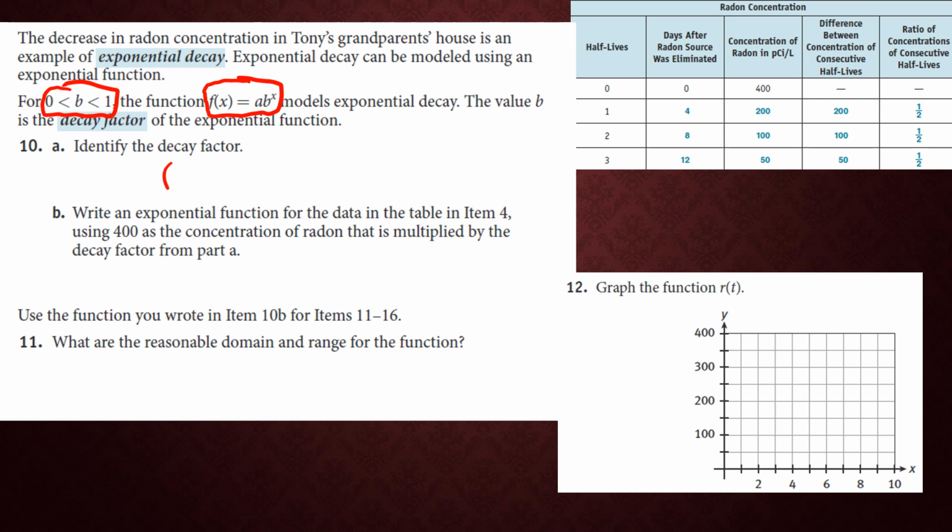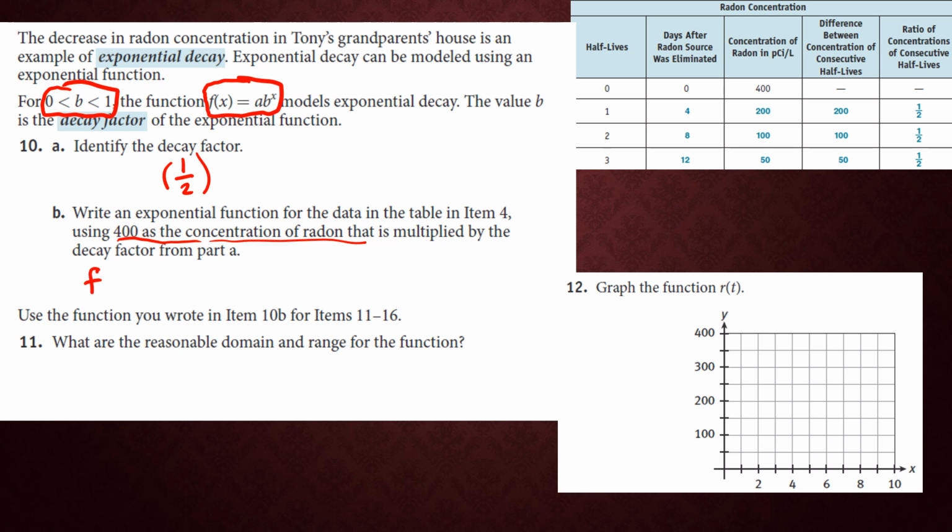The decay factor in this case is 1/2 because we know it's dividing by 2 every time. And to divide by 2, we need to multiply by 1/2. So if we were going to write the exponential function for this data with 400 as the concentration that we started with, it would look like this.